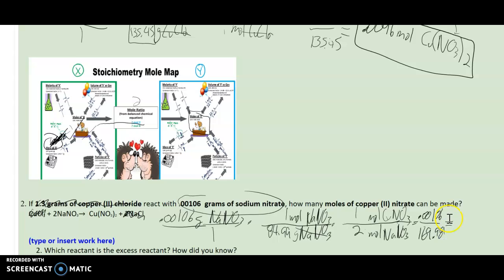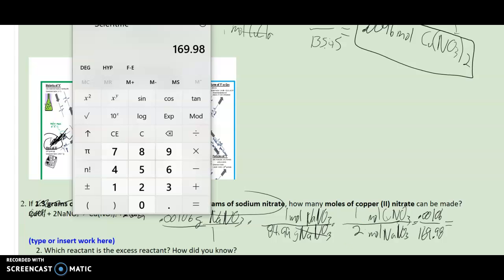Alright, this is going to be an extremely small number. Let's see if it's smaller than the last number. 0.00106 divided by 169.98.